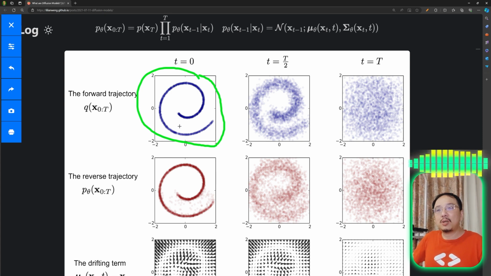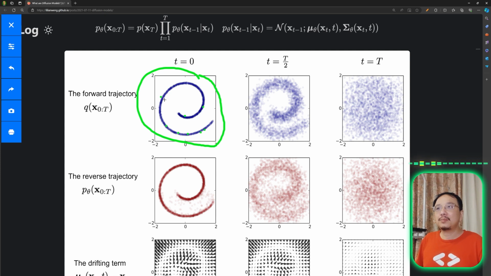If we do the analogy, each image that we consider is a single point in this graph. So this point might be an image, this point might be an image, and this point might be an image, and all of them are on this distribution. So when we do the sampling, we simply pick a random point from this graph. One of the major differences is that this distribution is very low dimensional, because each point of it is only 2 dimensions.